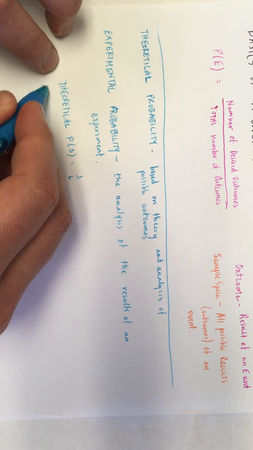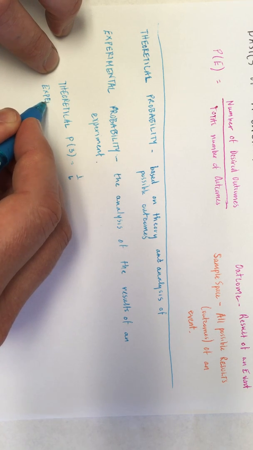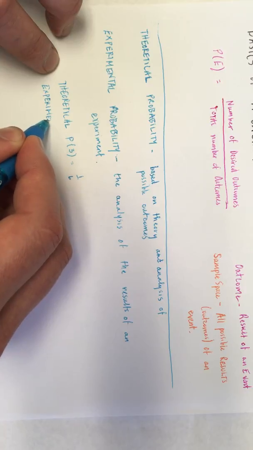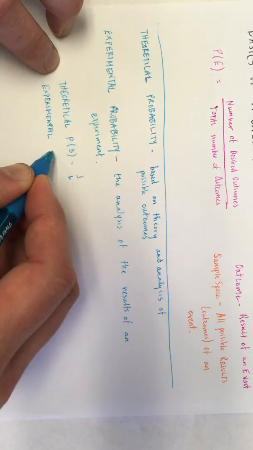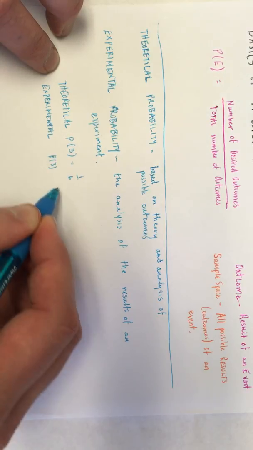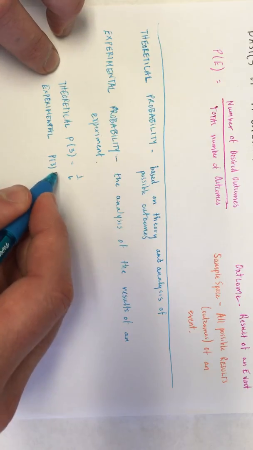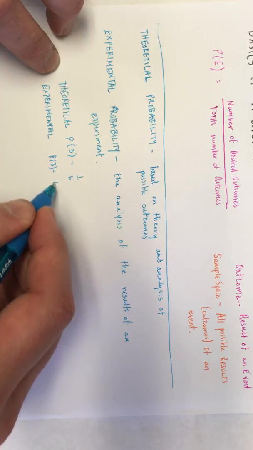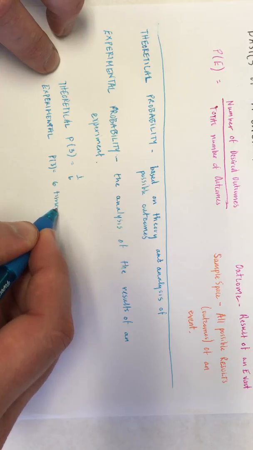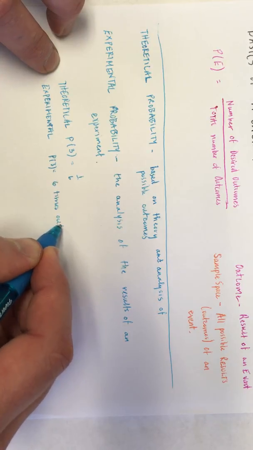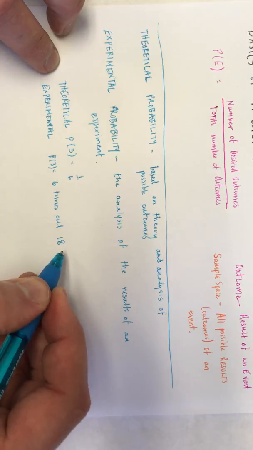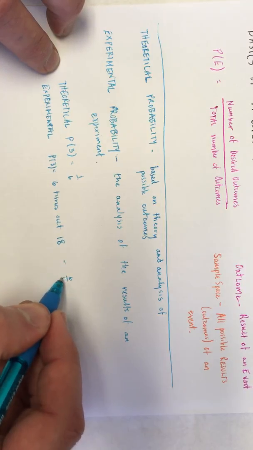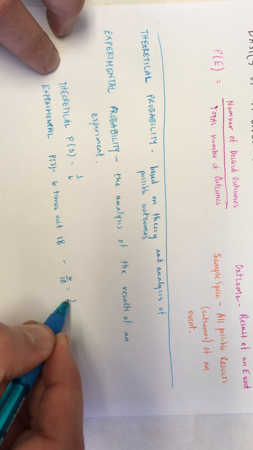But the experimental probability may show up that the probability of a 3, and I rolled a 3 6 times out of 18, which would be 6/18, which is 1/3.